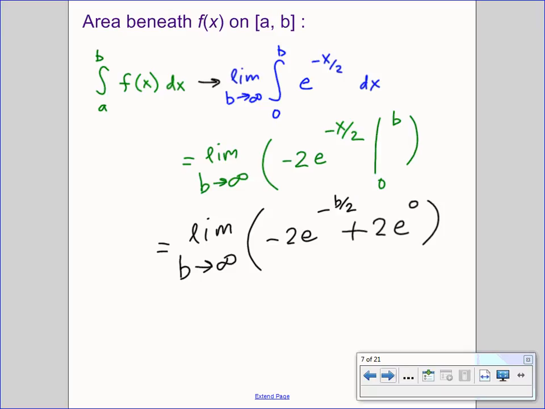So we've evaluated our definite integral, and now all that remains is considering the limit as b goes to infinity. Let's investigate that quantity. As b goes to infinity, what's happening to this first term? Well, this is negative 2 over e to the positive b over 2. So I think we've got a good shot here. And e to the 0 is 1.